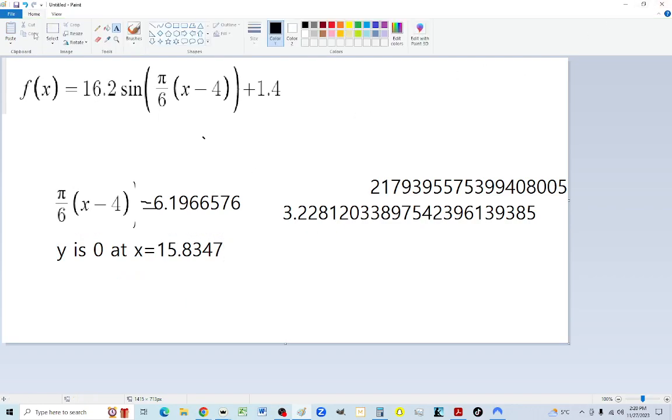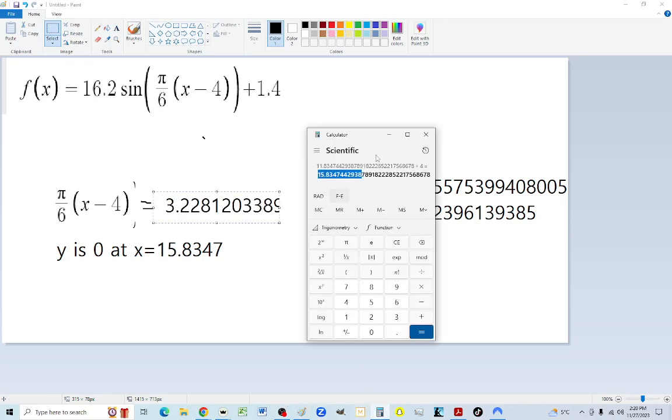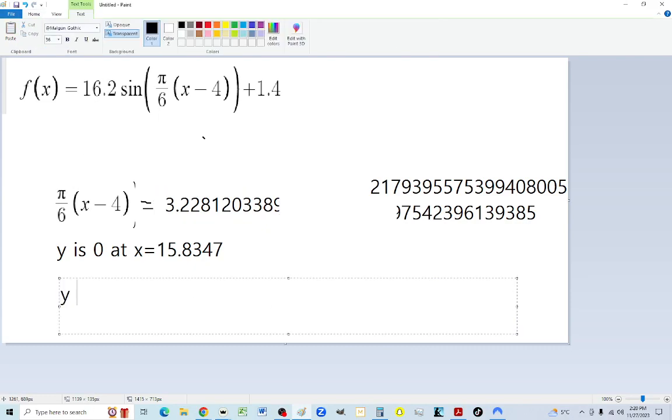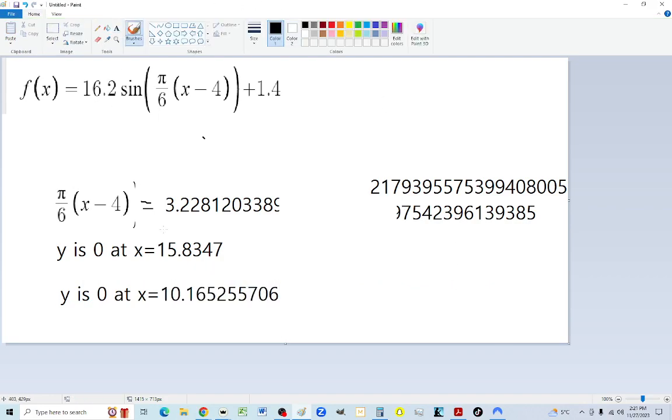And then my second value of x, I have to multiply by 6, divide by pi, and add 4. Which my second answer is that.